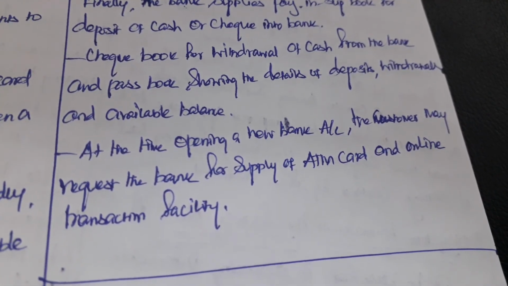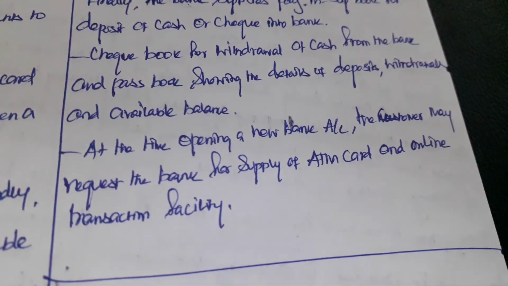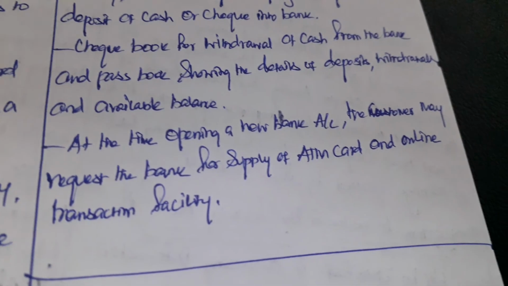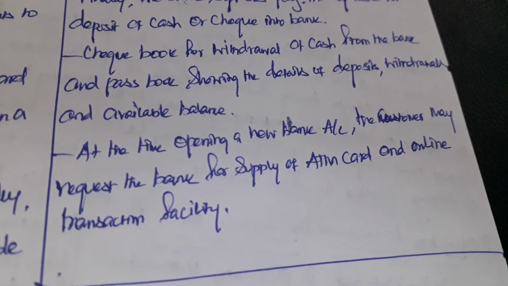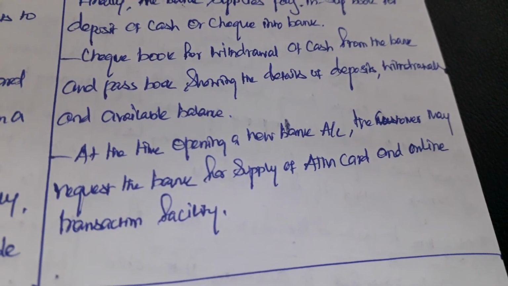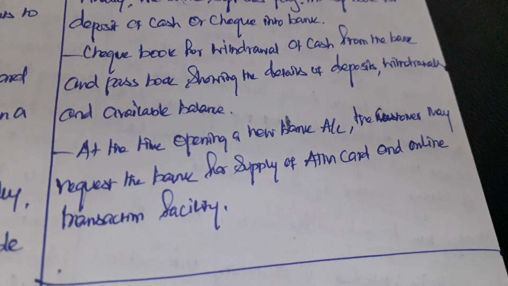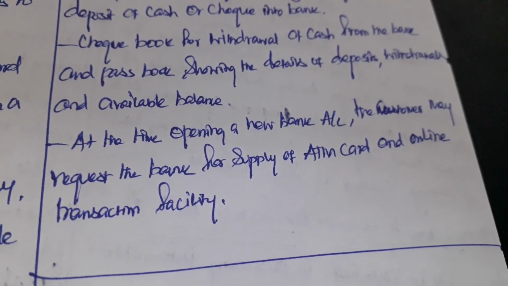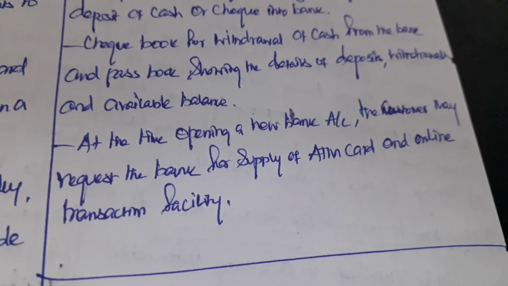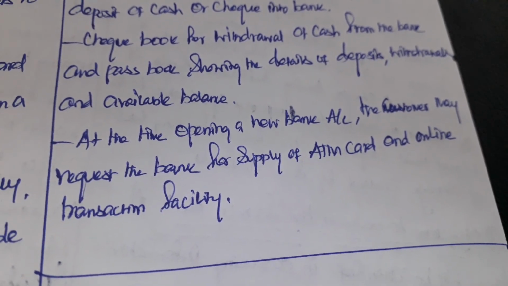At the time of opening a new bank account, the customer may request the bank to supply an ATM card and online transaction facility. The customer can ask for internet banking and mobile banking facilities, and the ATM card also we can request from the bank.